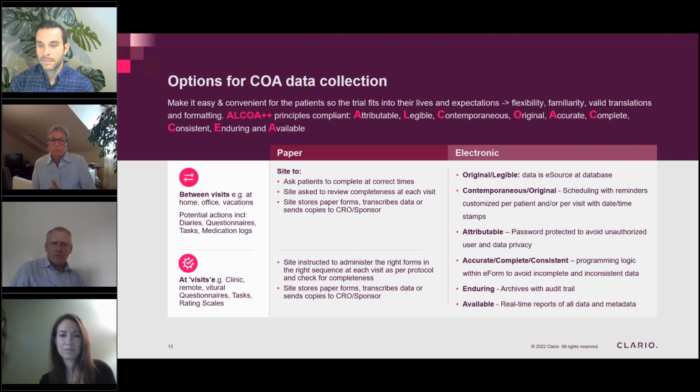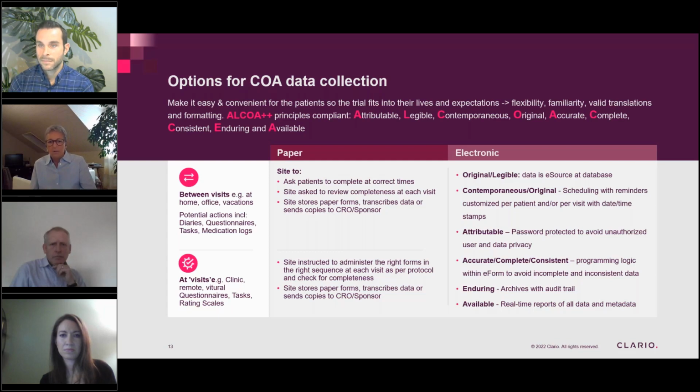Accuracy, so the data should be inputted, stored, and maintained with high precision and validity. It must be complete, so all expected data should be answered, and if there are any revisions, an audit trail of those revisions must be included. Consistent, it has to be displayed consistently wherever it's accessed.